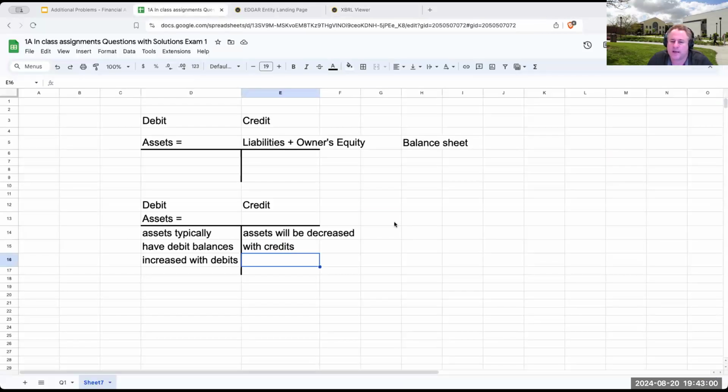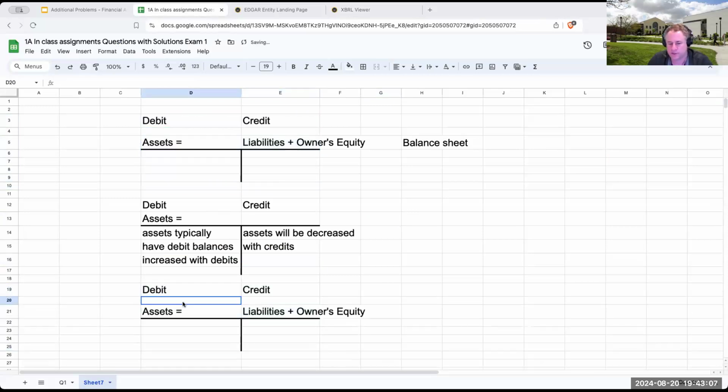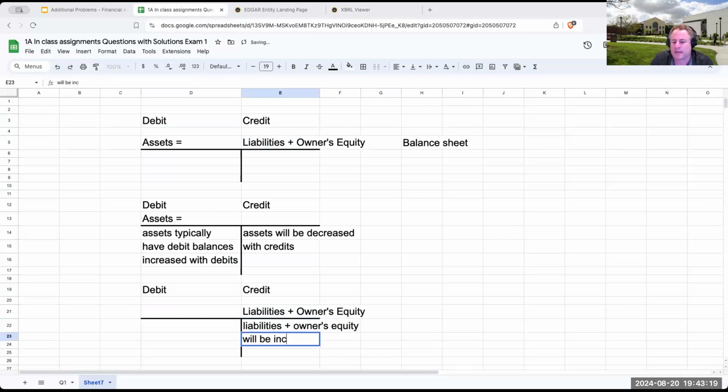So let's talk about liabilities and equity. If I look at the other side of the equation, liabilities plus owner's equity will be increased with credits, right? Because it's on the right-hand side of the T account.